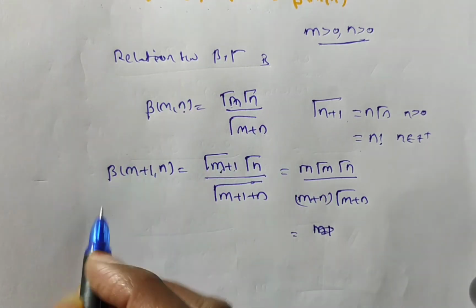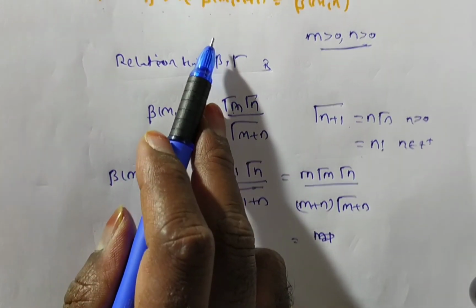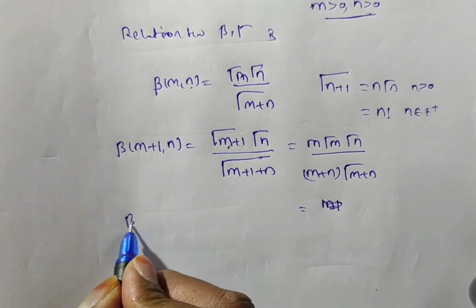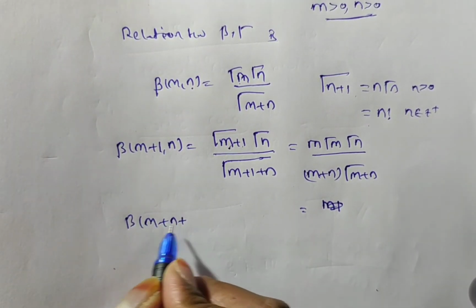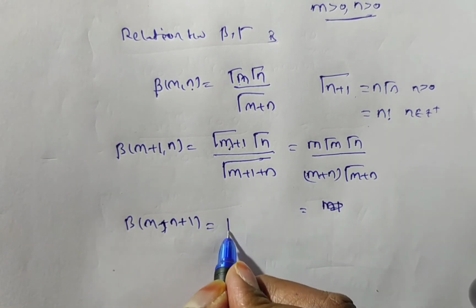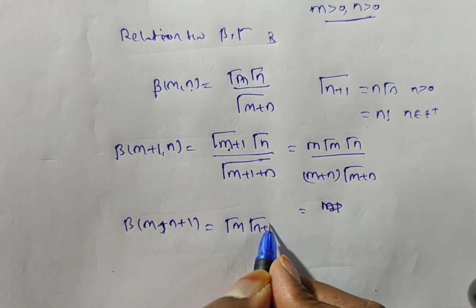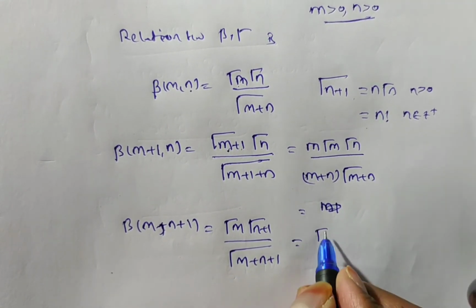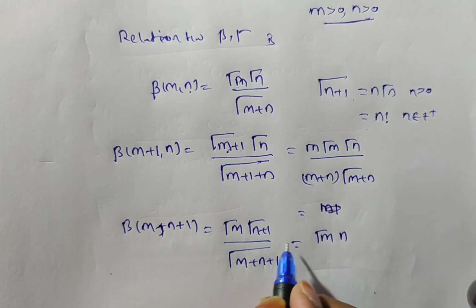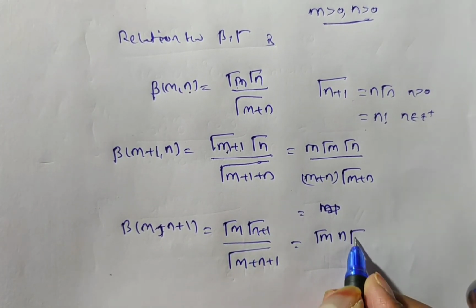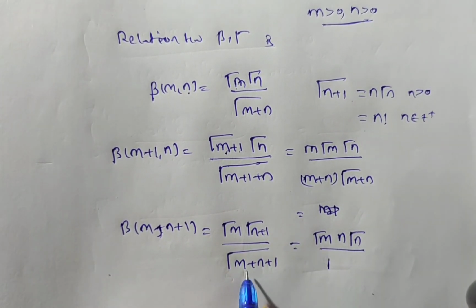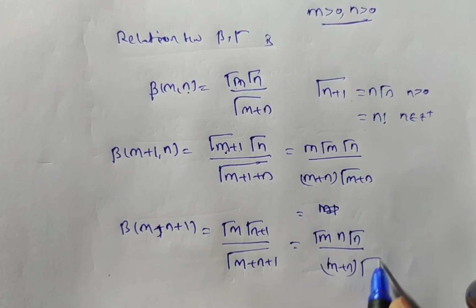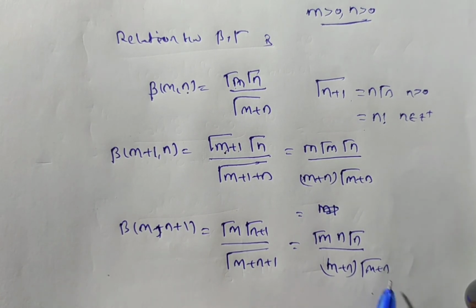Next, coming to the second part of the LHS, you have beta of m comma n plus 1, which is gamma m gamma of n plus 1 by gamma of m plus n plus 1. So gamma m is as it is, gamma of n plus 1 is n into gamma n, by, this is m plus n plus 1, so m plus n gamma of m plus n.